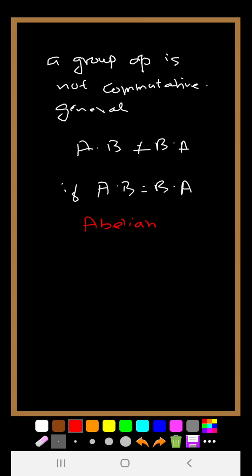Now, what we will do, we will define certain operations, and we'll take an example.